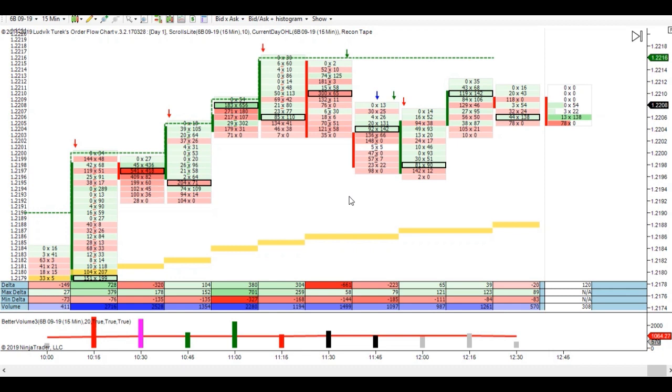So the first thing you're going to be looking at is the decline in volume as you are approaching your area of support or resistance, your area of interest. There are so many, so I won't name them. So you'll be looking at declining volume.